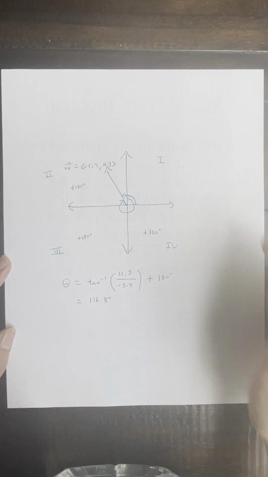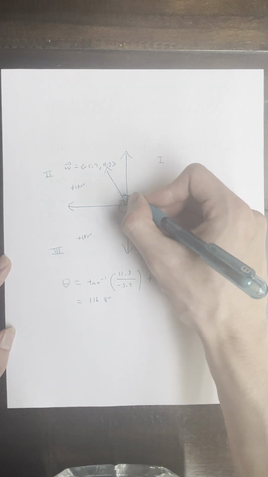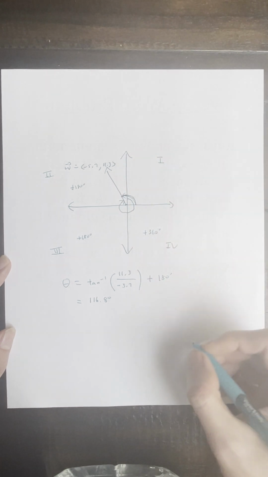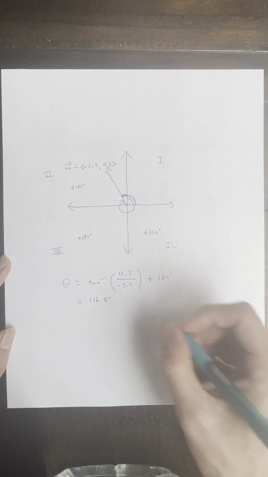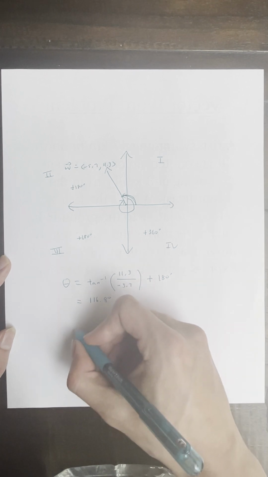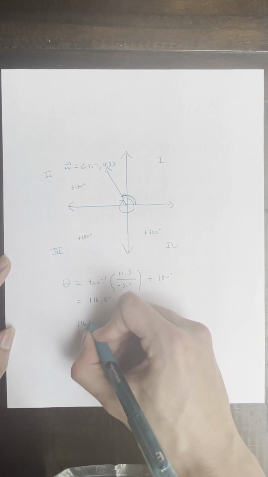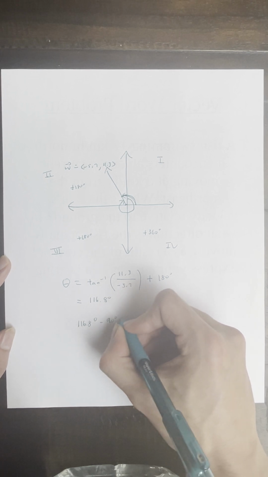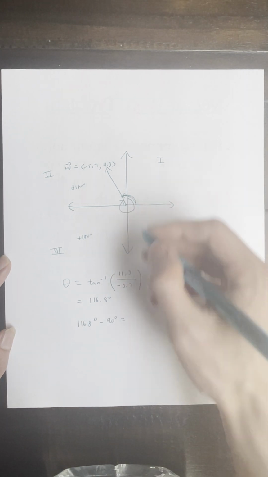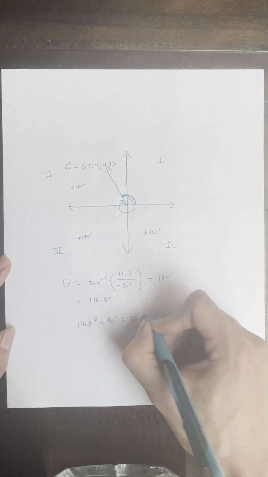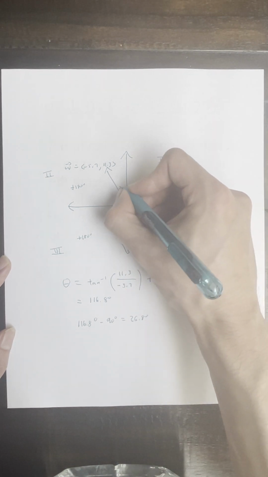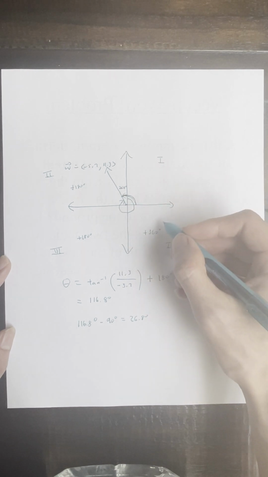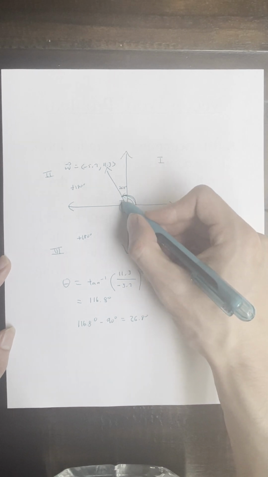Okay, so if this is 116.8 degrees, how many degrees is this? How much should we subtract from 116.8? We should subtract 90 degrees because that's a right angle, and it's going to be 26.8 degrees. Okay, so if this is 26.8 degrees, how many degrees are in this?